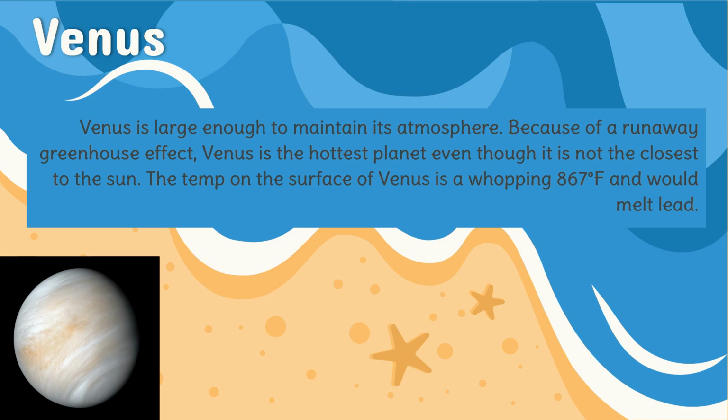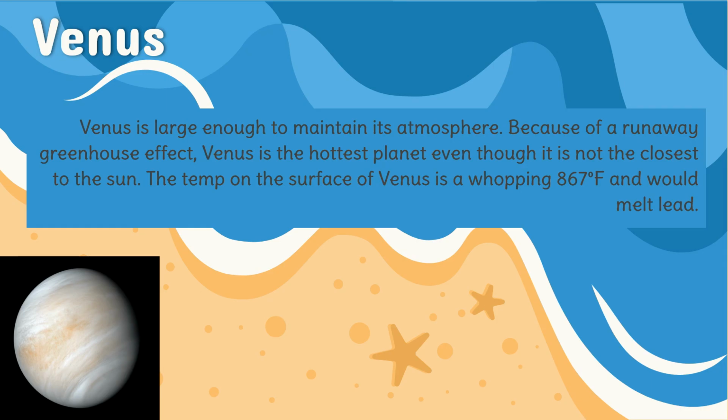It has a lot of greenhouse gases trapped in its atmosphere and has experienced what we call a runaway greenhouse effect. That causes the planet to heat up quite a bit. And Venus ends up being the hottest planet, even though it's not the closest planet to the sun.